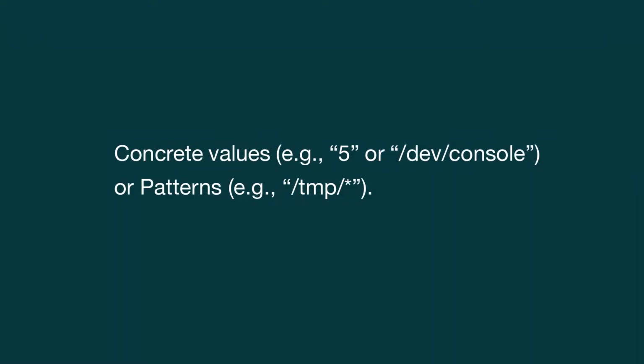It might also specify allowed values for the arguments using either concrete values, for example 5, or some path like /dev/console, or patterns, for example /tmp/*.